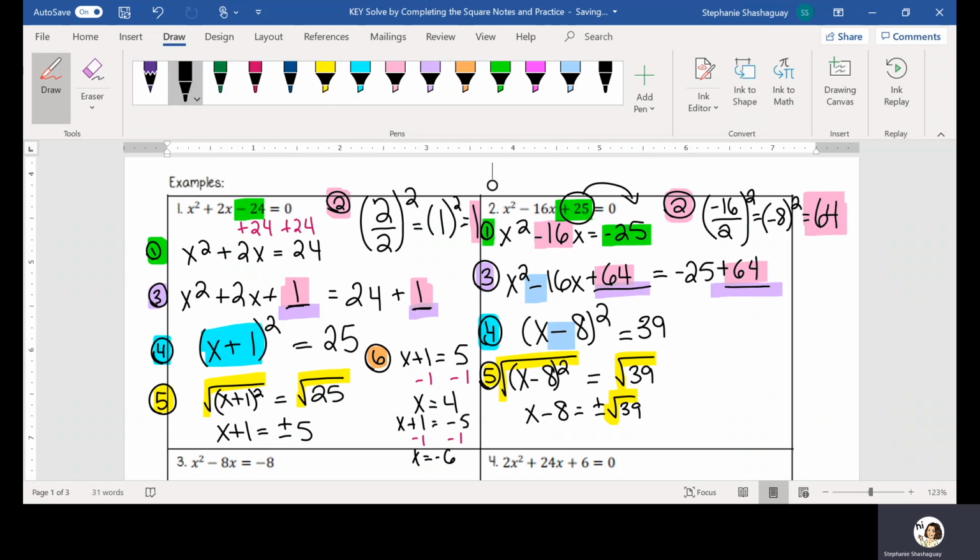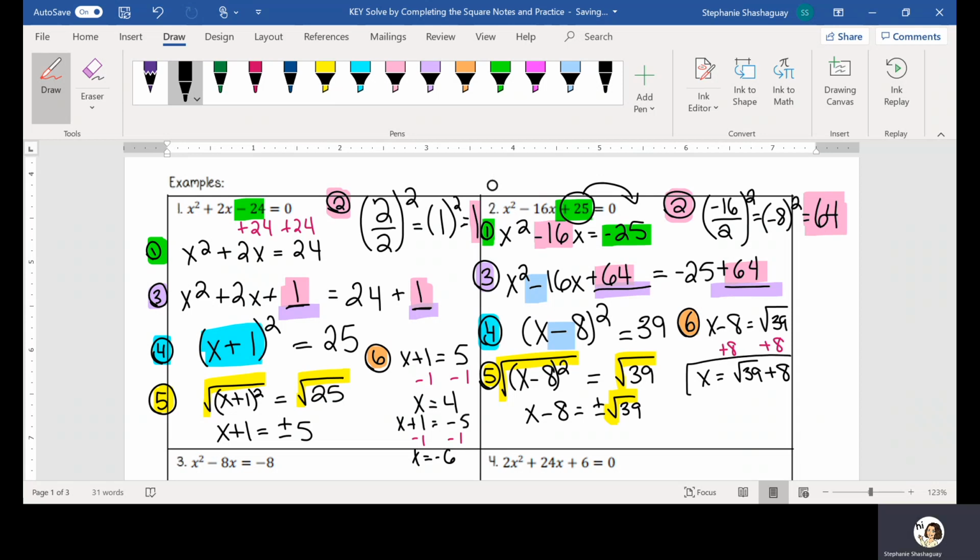So there's no way for us to simplify the square root of 39. So that means for step 6, our answer is just going to be x minus 8 equals the square root of 39. So we're going to add 8 to both sides. And x is equal to the square root of 39 plus 8.